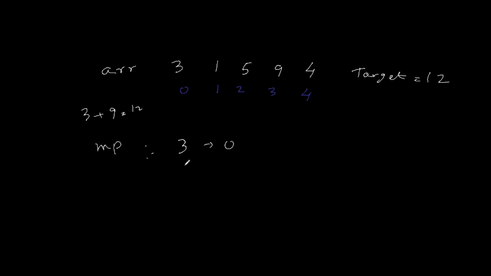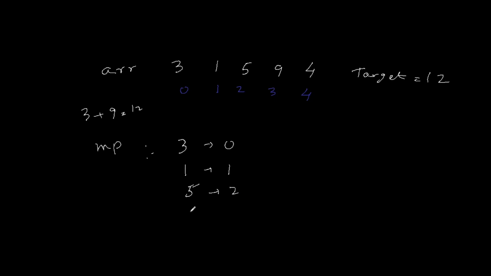So now we add 1 to the map and store the corresponding index 1. Now we take the element 5 and to get sum 12, we see that we require 7. So 7 is also not present in the hash map. So we add 5 to the hash map and store the corresponding index 2.